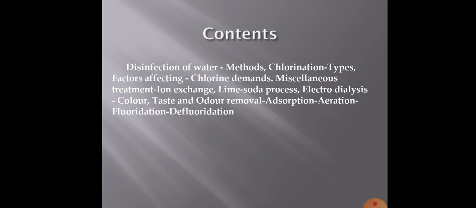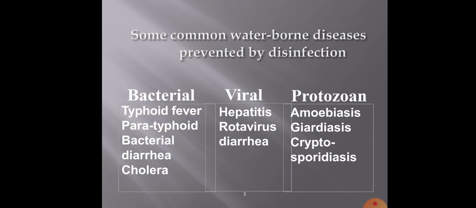Now coming to the various methods. Before that, there are so many types of waterborne diseases which we already know. Like there are the bacterial infections. If there is bacteria present in water, and when the people consume it, it can cause various ailments like typhoid, paratyphoid, diarrhea, cholera, etc. And if virus is present, it may lead to hepatitis, rotavirus, diarrhea, and protozoa.